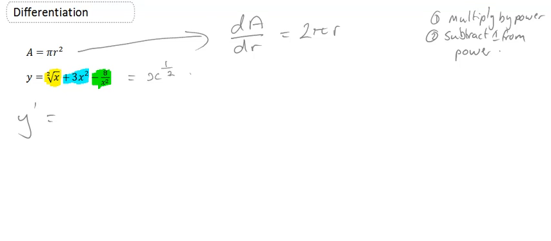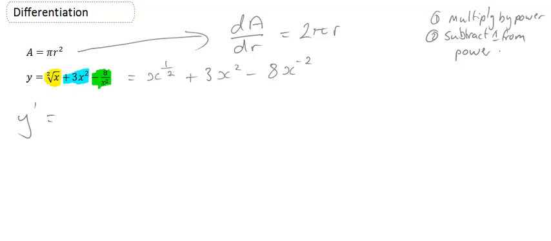The middle bit is 3x squared because that hasn't changed. And remember, if I've got an x in a fraction, then I can invert that and get the x on the top, but to do that I have to make the power negative. Now I can differentiate that.